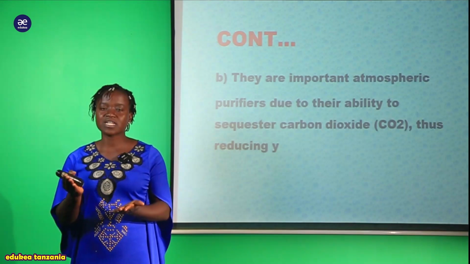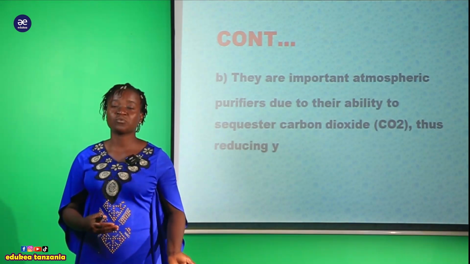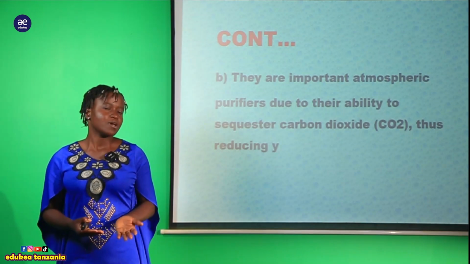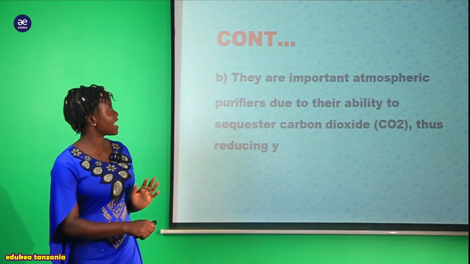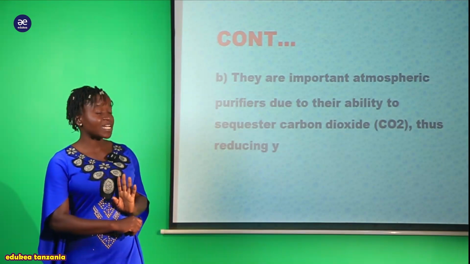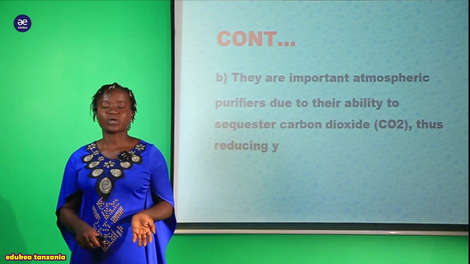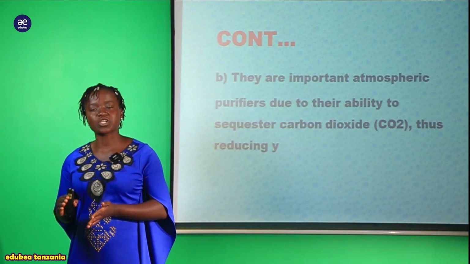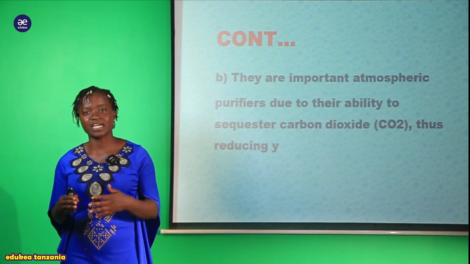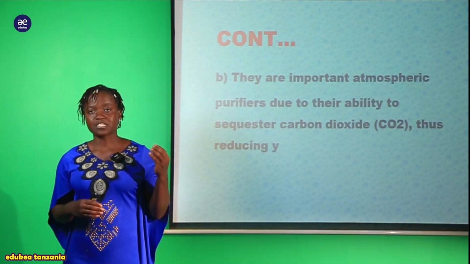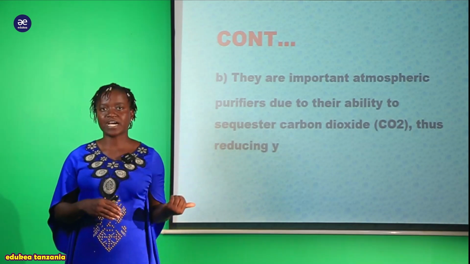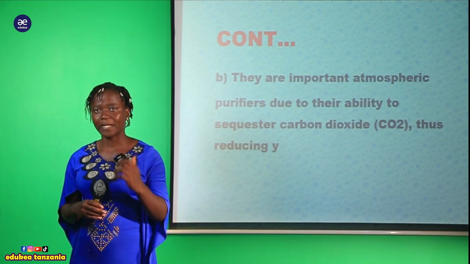Wanachukua carbon dioxide na maji, thereafter they form glucose, ATP and so on. So now you can see, ndio maana tunasema kwamba they are important atmospheric purifiers. Wana purify the concentration of carbon dioxide within the environment, so that becomes the importance of that kingdom plantae.